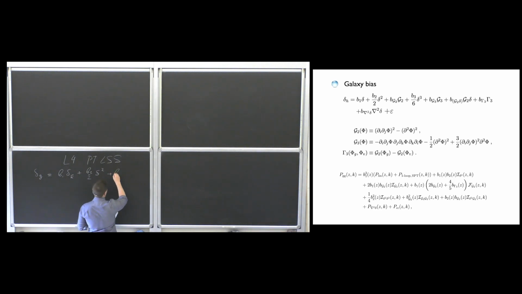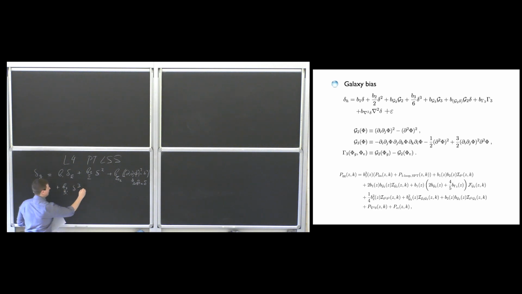You also would want to write down something like the tidal field, etc. And we discussed that at the cubic orders, there will be a few terms whose general structure will look like this.